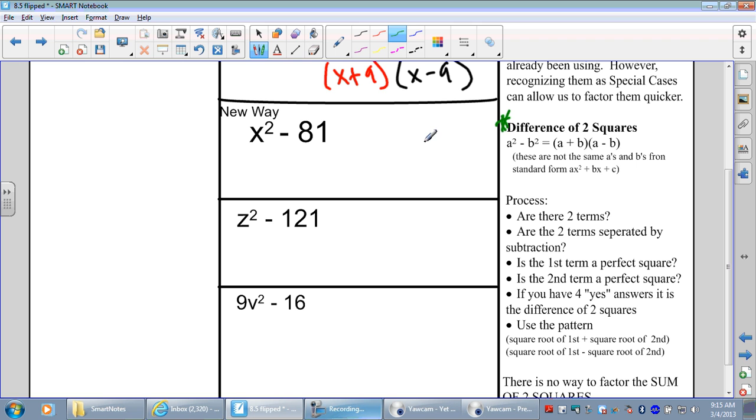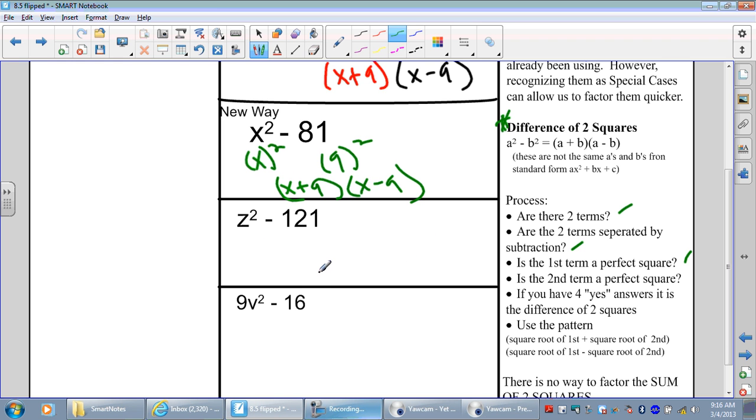There's no such thing as the sum of 2 squares. So if I notice that there are 2 terms, and that they're separated by subtraction, is the first term a perfect square? Well, yeah, that's x squared. Is the second term a perfect square? Yeah, that's 9 squared. Now I'm ready to factor it. It's just x plus 9 and x minus 9.